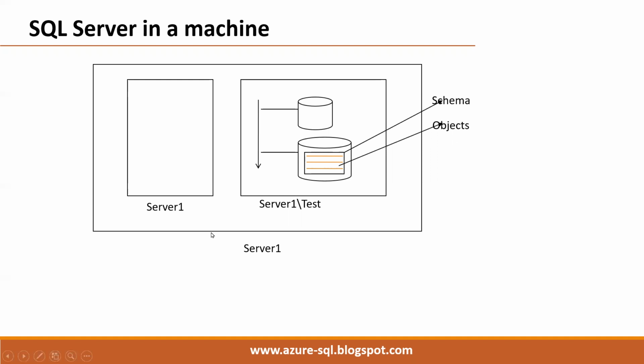Check here, this is one server with the name server1, server or laptop, anything. Here I have installed SQL Server 2 times. This is one time, this is one time. Whenever we install SQL Server one time, we call it one instance.